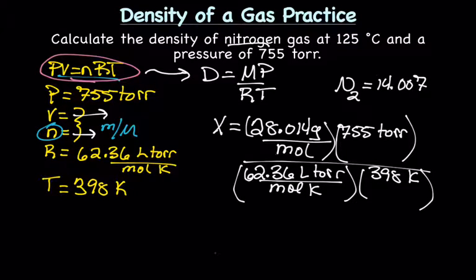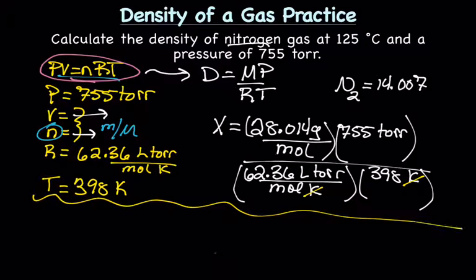We got a mess going on here, but we can at least cross out the K's. And let me write this a little bit neater here. We're now going to have d equals, and let's go ahead and multiply the top stuff.